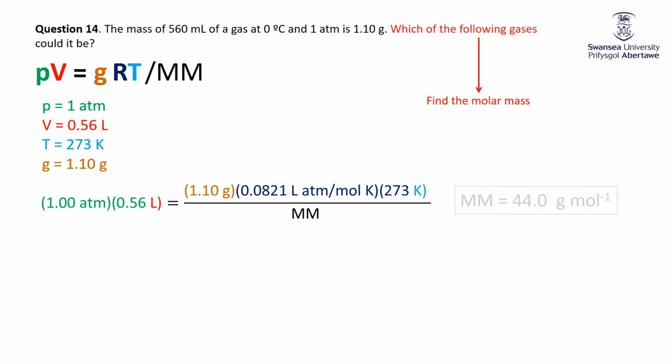Put all that in, rearrange it, and the molar mass is 44 grams per mole. And of course, all the choices of gases, well, chlorine is 71, SO2 is 64, O2 is 32, CO2 is 44, CH4 is 16, so therefore it will be CO2.